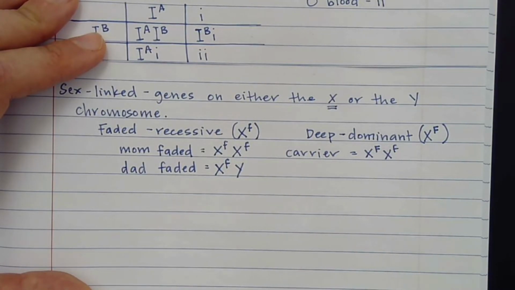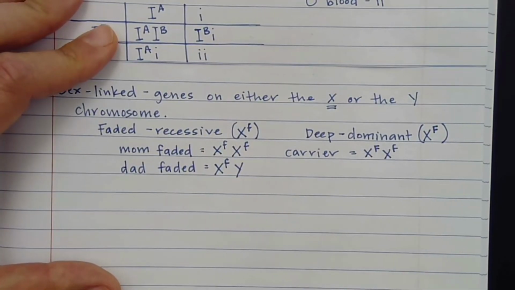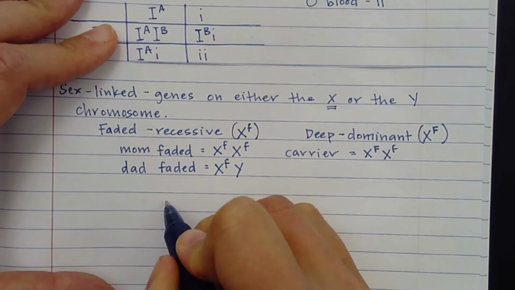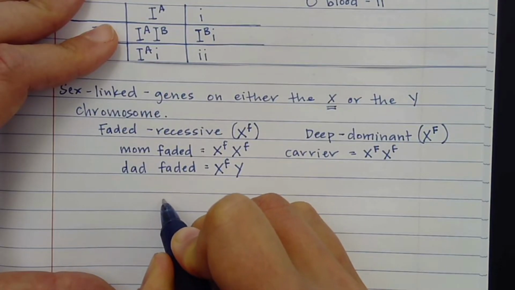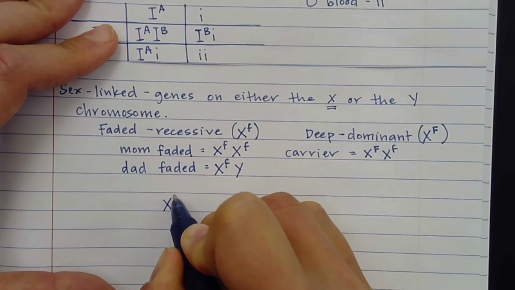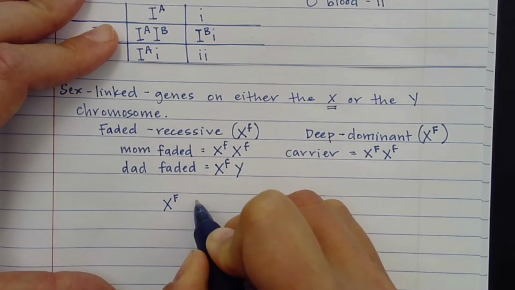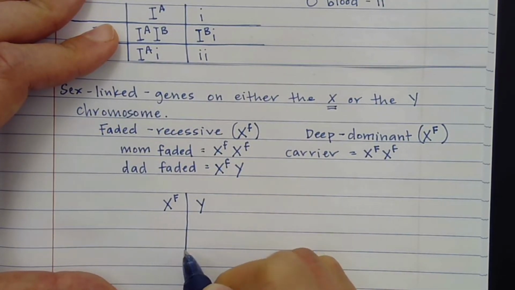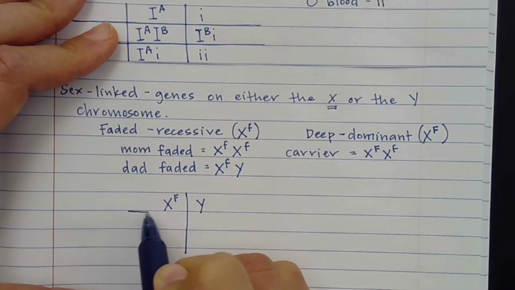So let's do two Punnett squares to see how this works. So first of all, we're going to have a dad who is deep in color. So he is going to be X, capital F, Y. And then we're going to have mom.